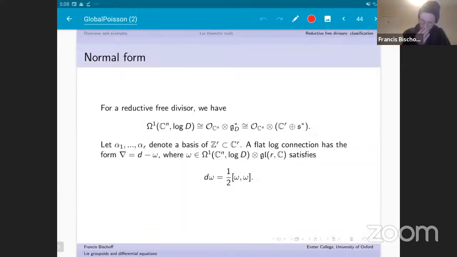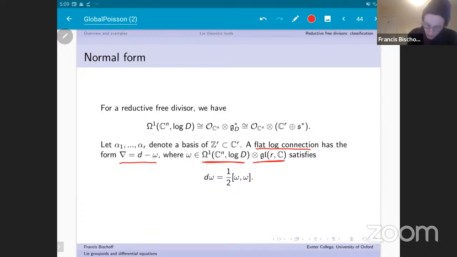And as the last thing, I just wanted to explain how you can get a normal form for flat logarithmic connections in terms of the infinitesimal data. So a flat logarithmic connection has the form nabla equals d minus omega, where omega is a logarithmic one form with values in the Lie algebra GLR.